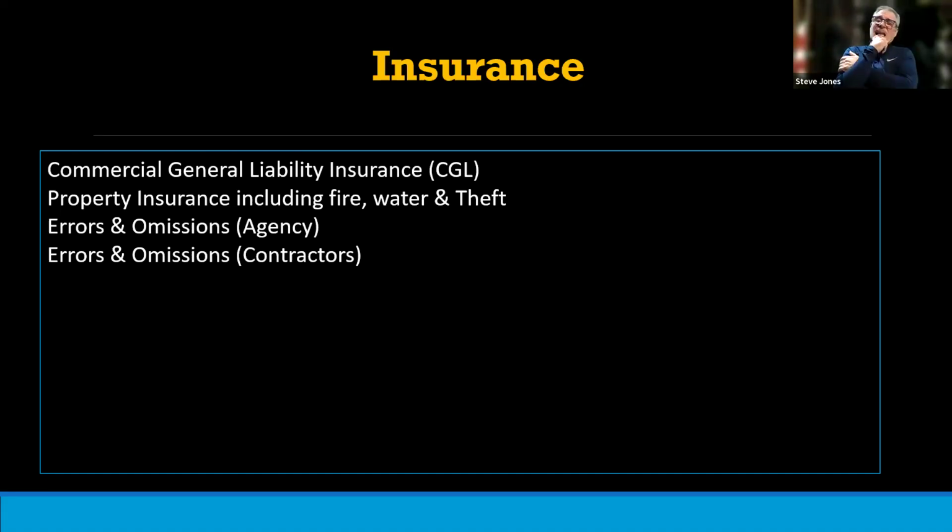So, as an agency in the recruitment business, it's highly unlikely that this is going to happen. So it's really inexpensive and widely misunderstood, whereas people get errors and omission insurance for nearly nothing, for low cost.